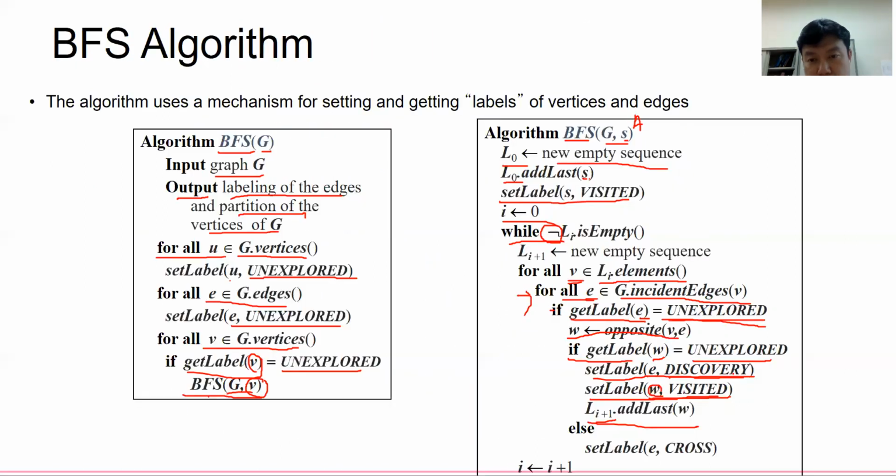And what we can do next is the label. If the label of the E is unexplored, then you have the label of W, which is the opposite, is unexplored. Go this one, E as discovery, and then W as visited.